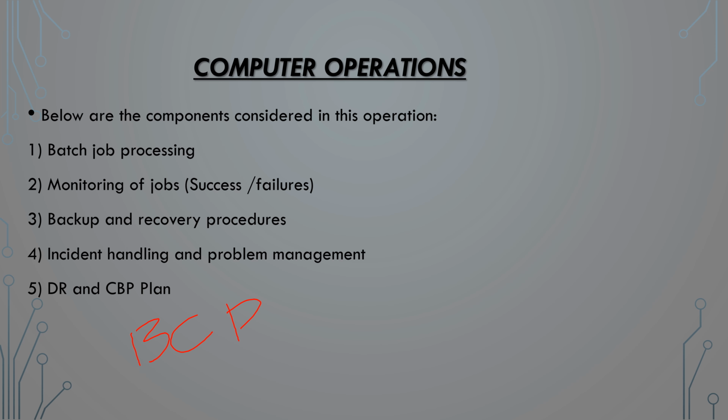And BCP is the third site, we can say, for business continuity planning. It means whatever confidential data is very important from the organization's point of view should be kept under the BCP site.